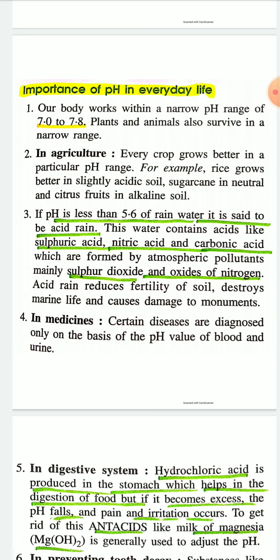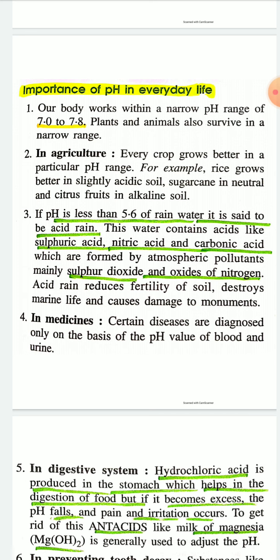Third importance of pH in everyday life is, if the pH of rain becomes less than 5.6, then the rainwater is said to be acidic in nature, that is acid rain.